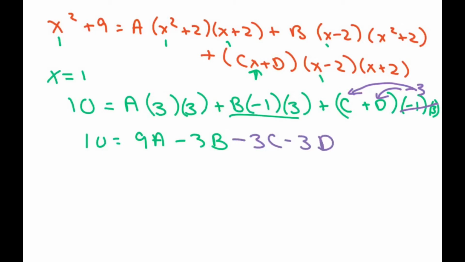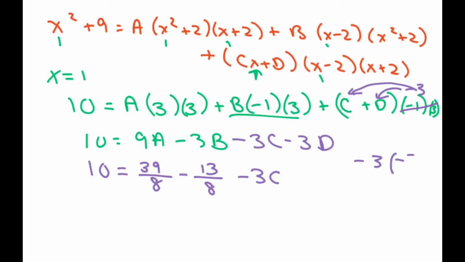minus 3d. And so if you plug everything in, you're going to get 10 equals 39 over 8 minus 13 over 8 minus 3c. And then when you place negative 3 times my d, which is negative 7 over 6, that ends up being plus 7 over 2.